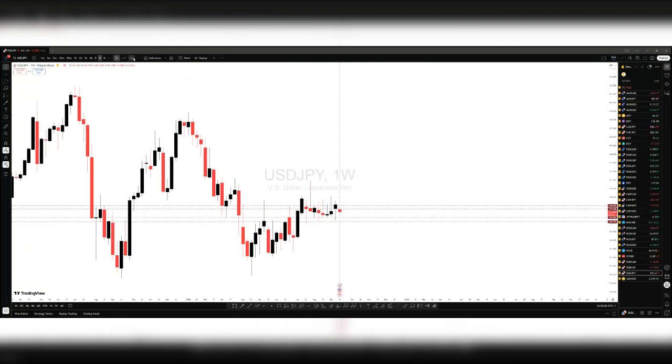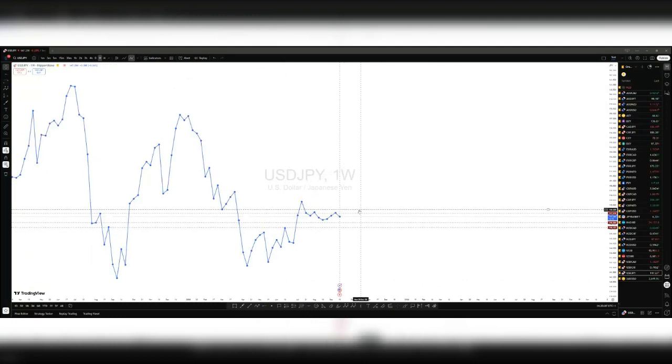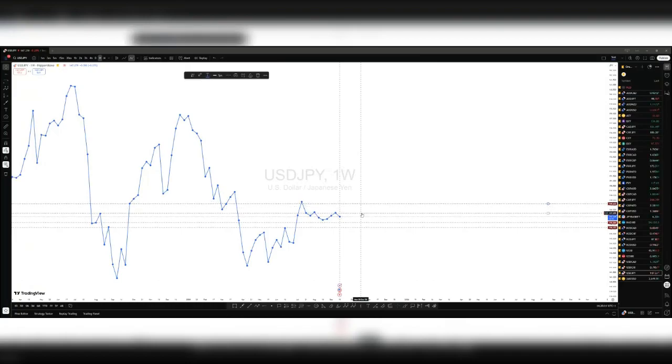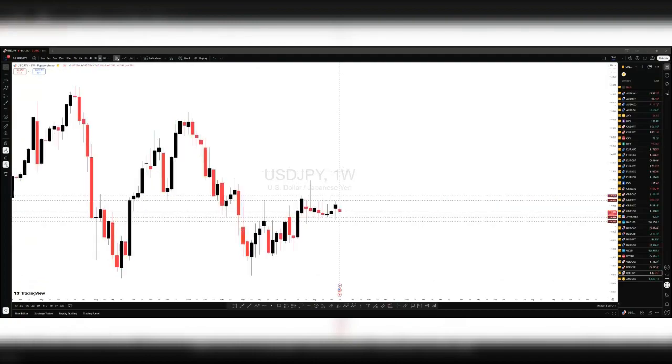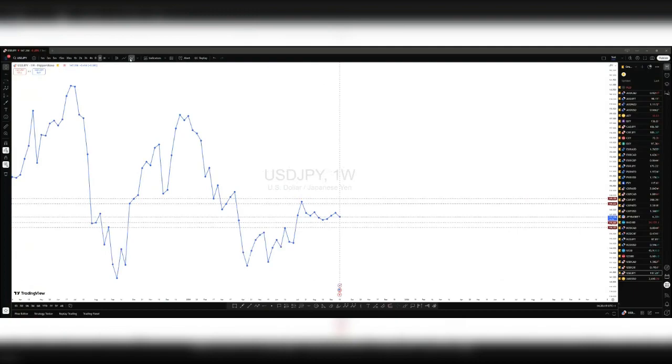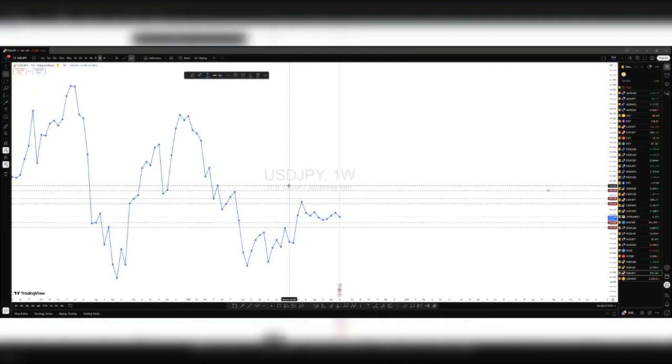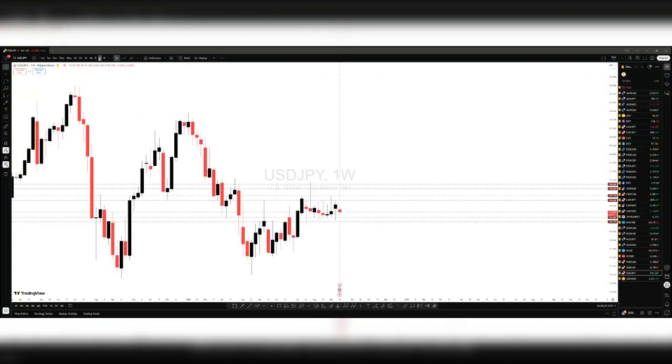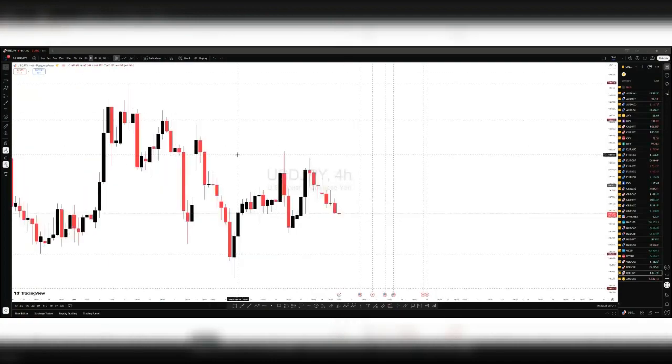That's too close, let me work with this instead. Good. So that is my zone on the weekly time frame. Do we have any other zones nearby? Yes, kind of. We have that other pivot region within the vicinity of the current price action.